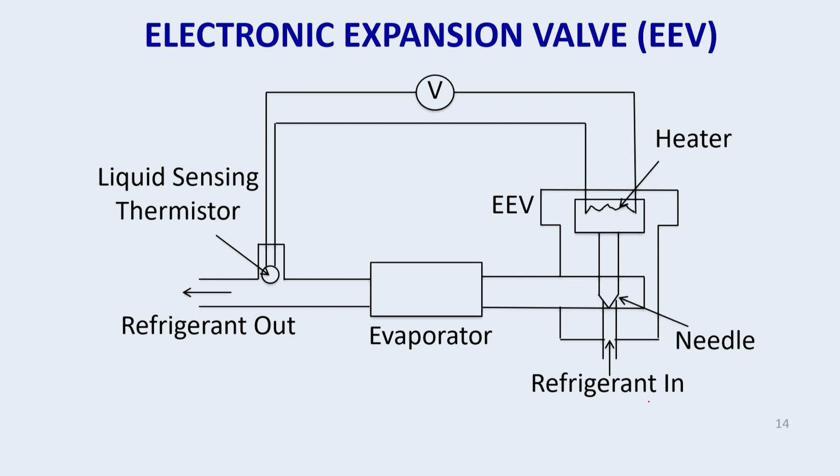This is the refrigerant coming from the high pressure side, that is from the condenser, high pressure liquid refrigerant. This is the electronic expansion valve, and after expansion, the low pressure liquid refrigerant comes out in this direction. If you see this, there is a heating element.